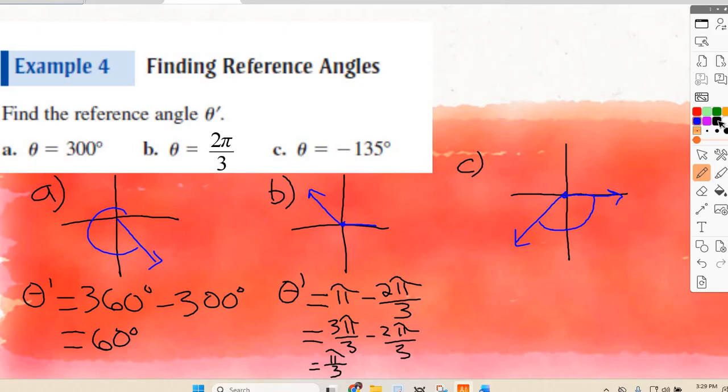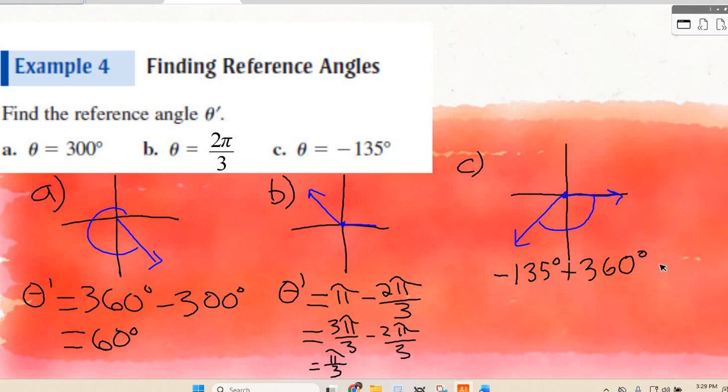So we need to find the what? What did we talk about earlier? The coterminal angle. So we're going to find that coterminal angle first. So what's negative 135 plus 360? 255? Wait, no, 225. Do we agree?